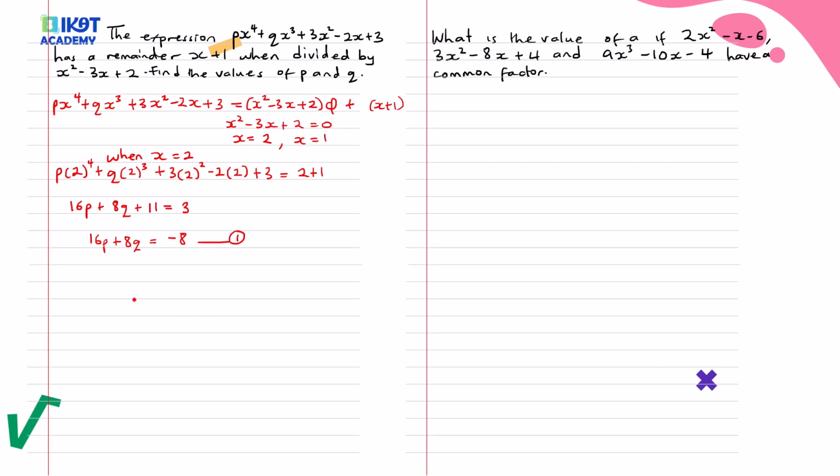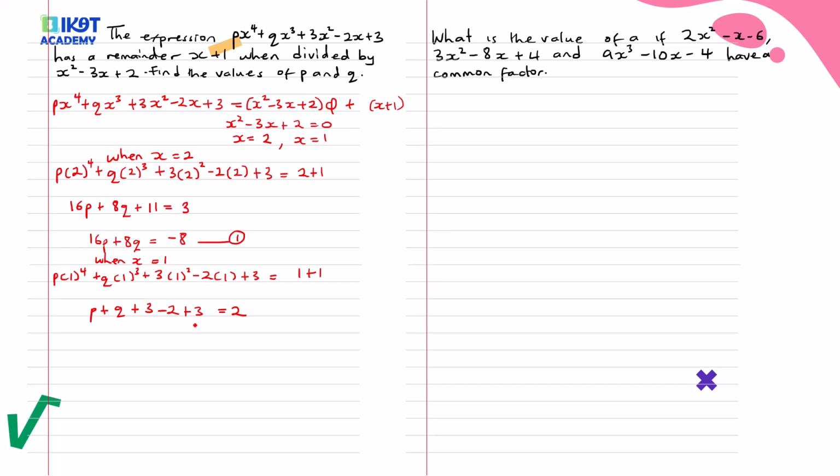Then I will come and say, how about when x is 1? So here we say, I'm substituting into the original equation, p plus q plus 3 into 1 squared minus 2 into 1 plus 3 is equal to 1 plus 1. So this is p plus q plus 3 minus 2 plus 3 is equal to 2.